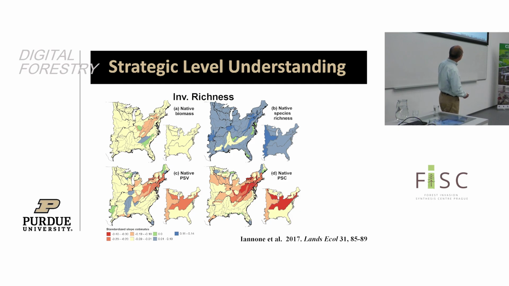You look at this figure over here, there's a lot of information, but the key message I want to deliver is that biotic resistance happens, but only at a certain scale. If you look at the large scale, because when you're changing the scale, the meaning of biodiversity changes, right?